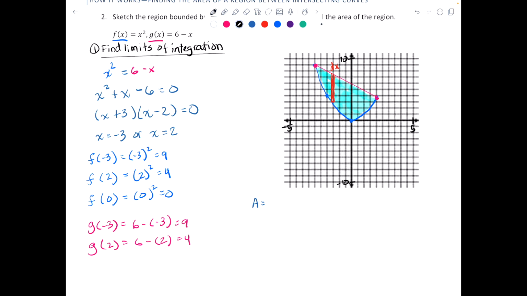So actually this was for sketching the graph, because you really need to sketch the graphs to find out which graph is going to be on top and which graph is going to be on the bottom, or with the function of y, which graph will be to the right and which one will be to the left. And then number 3, find area.